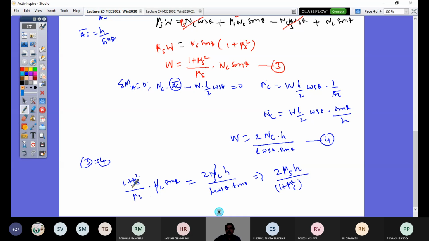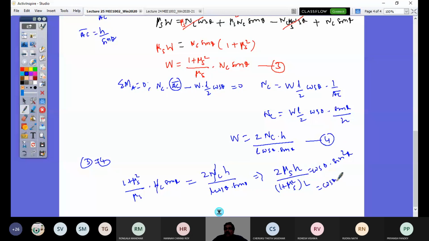I also have this L here, and this term I take on this side. That's going to be cos theta, equal to cos theta into sin square theta. You know that sin square theta is 1 minus cos square theta.